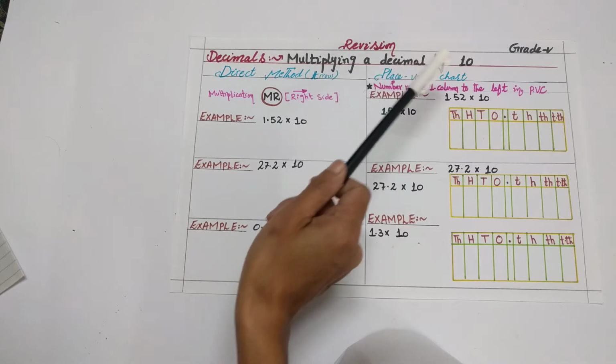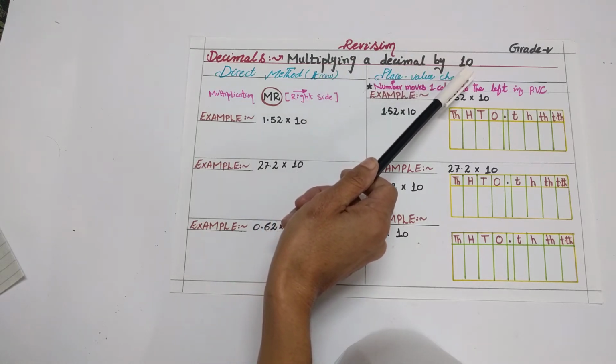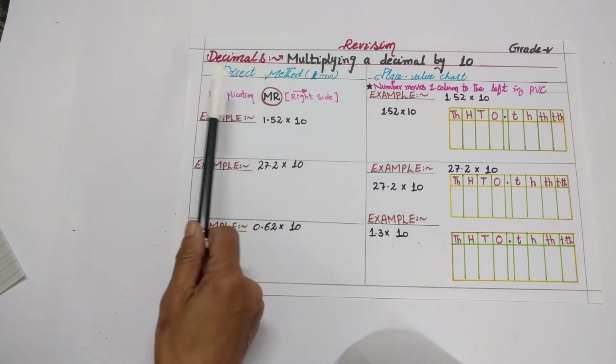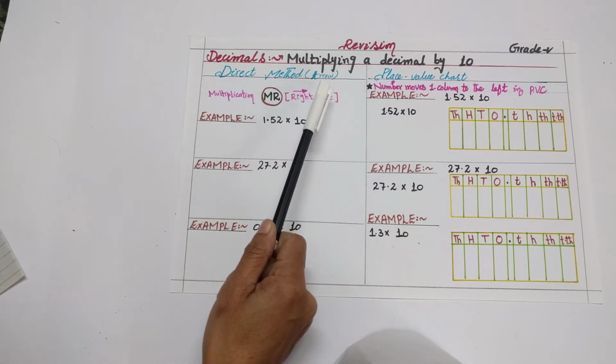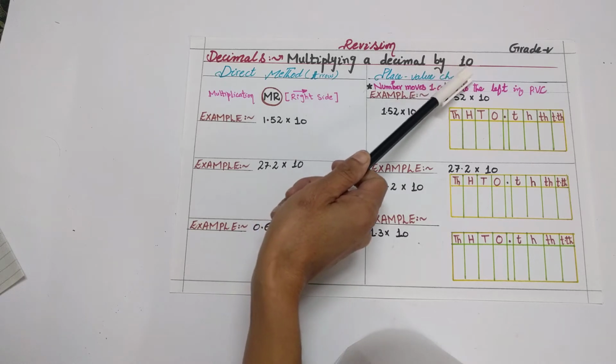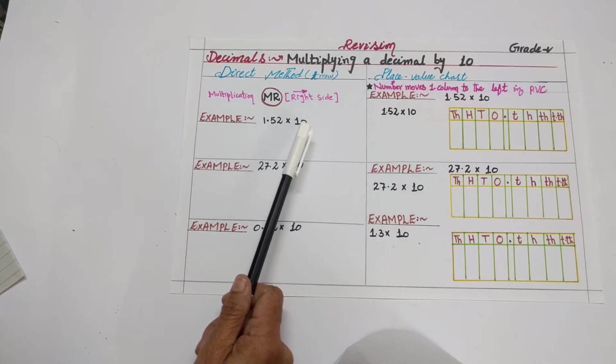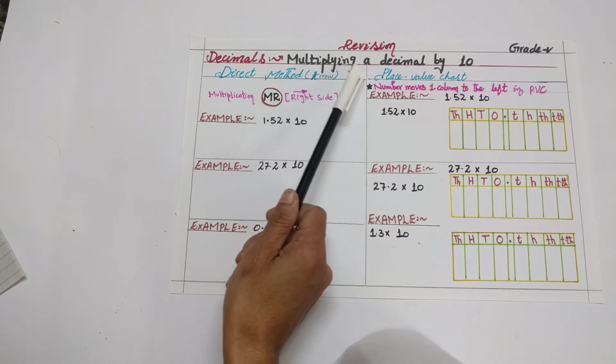Here our multiplier is 10, so there is only one zero. So move the decimal to the right side, and this movement depends on the zeros of the multiplier. Here I am going to give you a simple shortcut method.